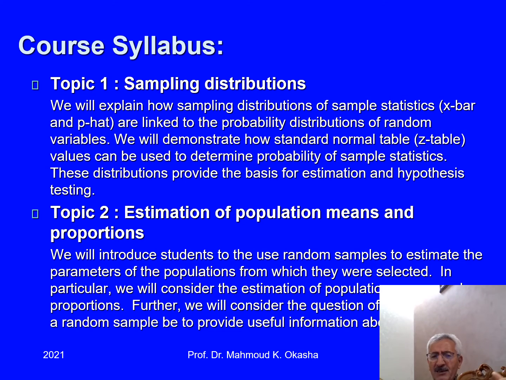We will learn in this second topic how to estimate these two values, right? We estimate them from a small sample, how to estimate these unknown values, parameters, from small samples.